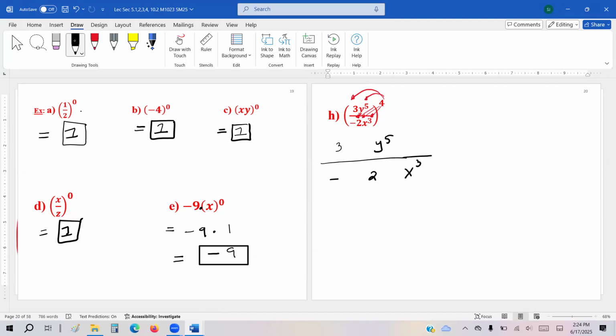Well, you can think negative 2 is one thing. So 3 to the 4, this to the 4, this to the 4, this to the 4, and this to the 4. Everything gets the 4th power.